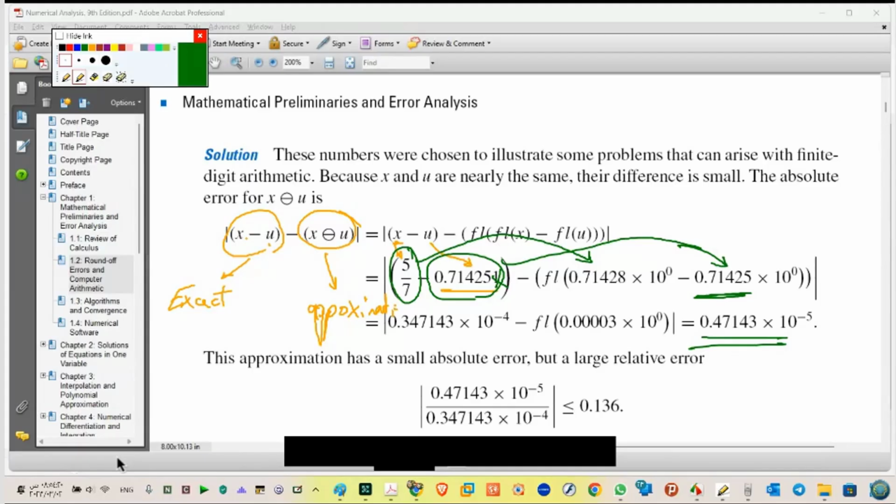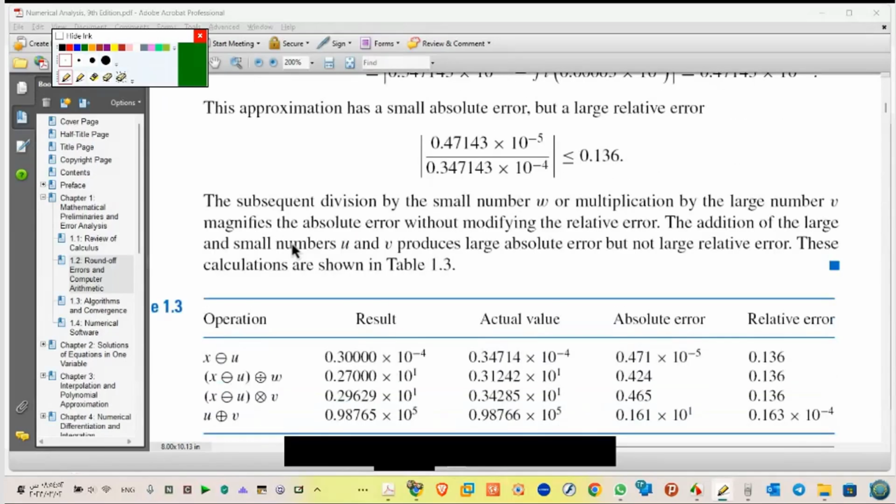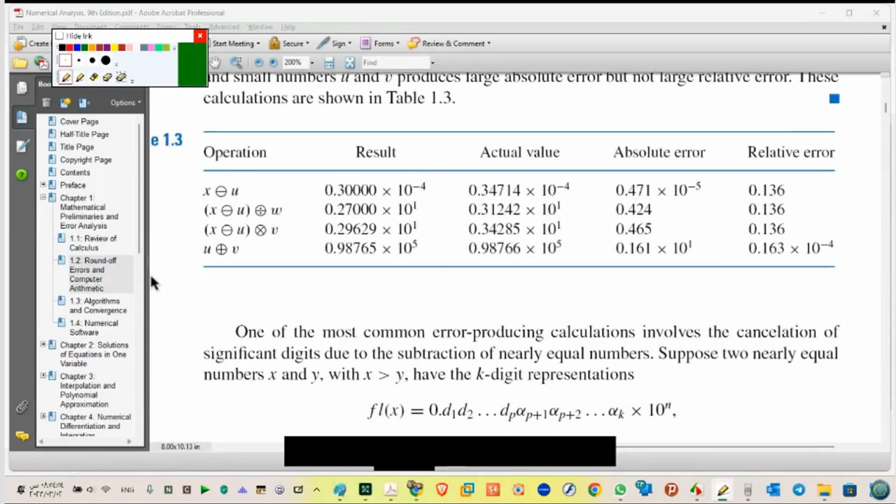Then after that, we went to finite digit arithmetic operations, and I told you if we have exact calculating, we use plus, minus, multiply, and divide as is. If we use approximation, we have to put a circle. And I explained two examples, one with a fraction, the second one with a floating point, and how we can use this floating point for error in this example, to calculate exact and approximation error. I guess I made the conclusion. This is the last thing here, and you can find the result.